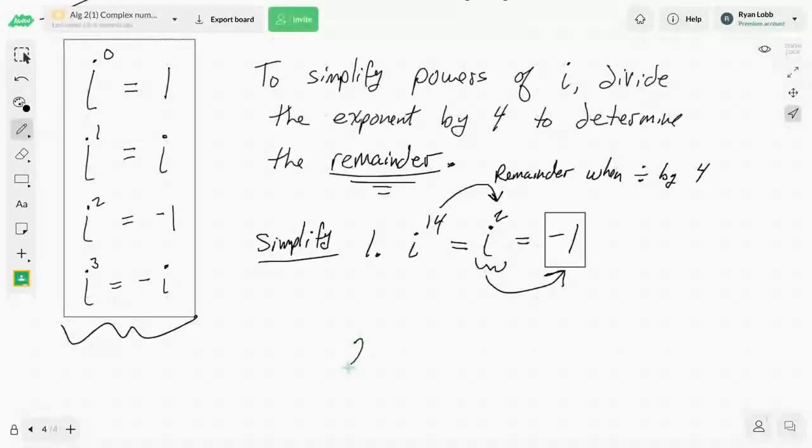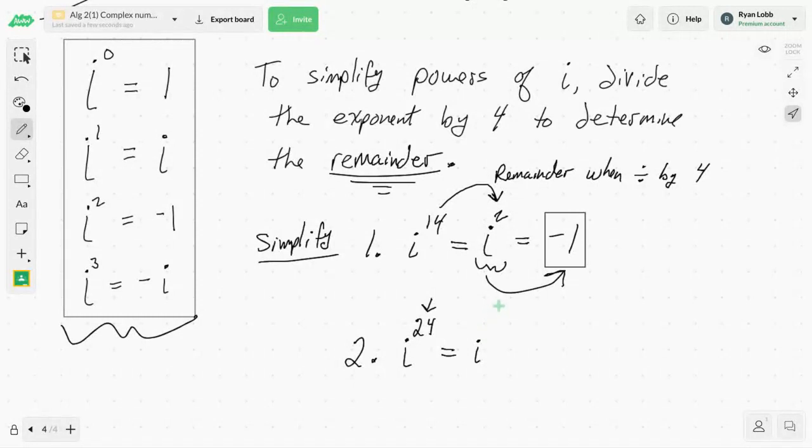Let's look at another one. What's i to the 24th? All right, what's i to the 24th? i to the 24th is going to be equivalent to i to the what? Well, divide 24 by 4, and then determine the remainder. That's all you've got to worry about right now.